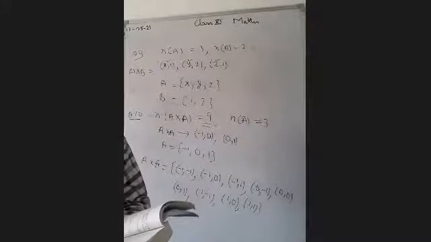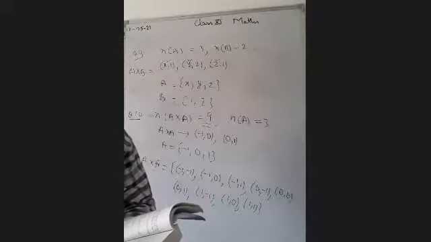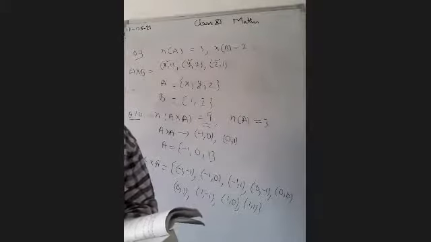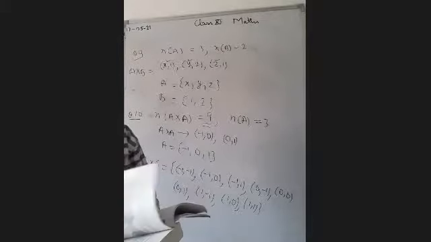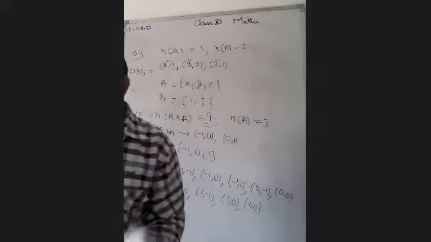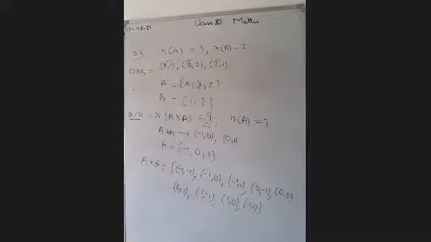After doing the 10 questions, the 11th question you have to solve, that is example 3. This will be the homework for today. First of all, complete this exercise, then I will start the next one, 2.2.